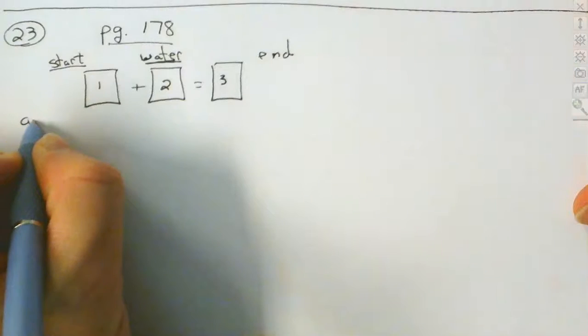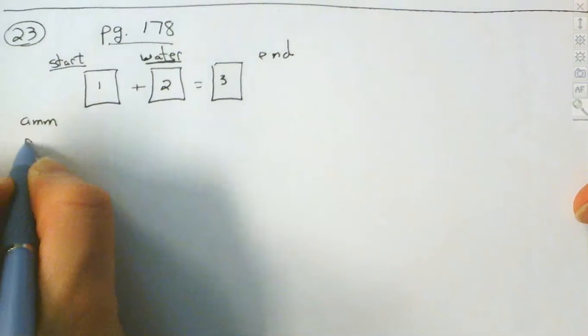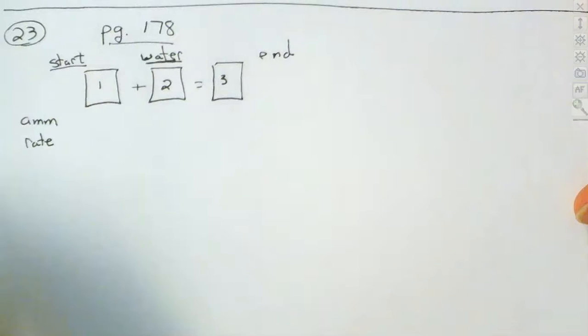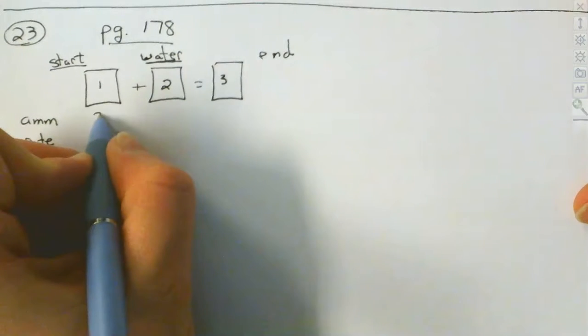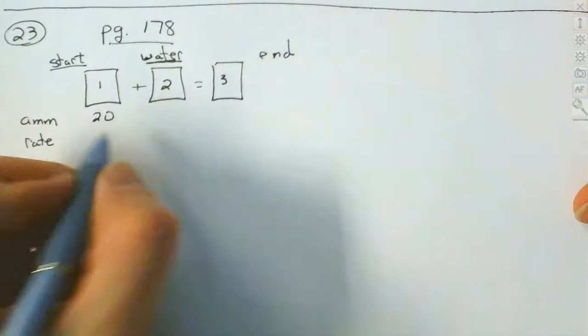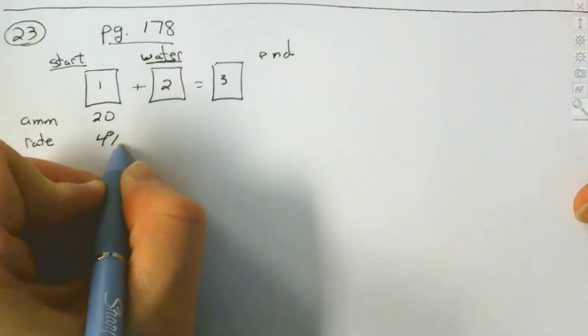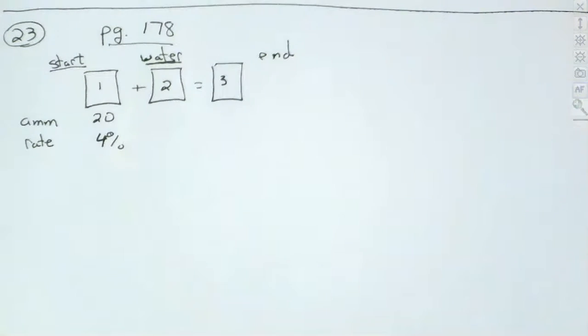So we have an amount for each of these, and we have a percentage rate. That is what we're going to start with. So we're looking at containers, and each of these containers has an amount and a percentage rate that goes along with it.